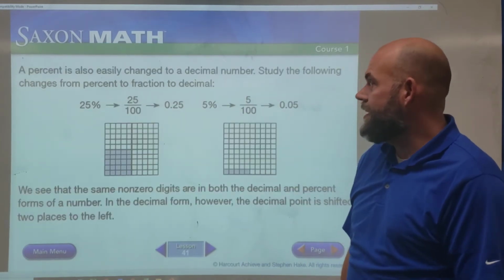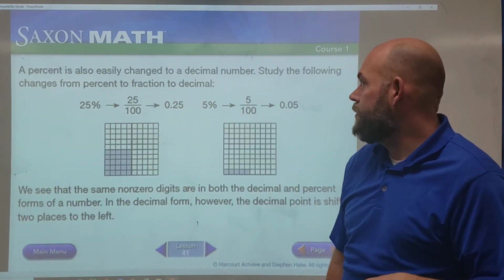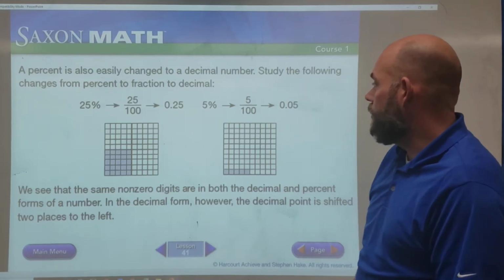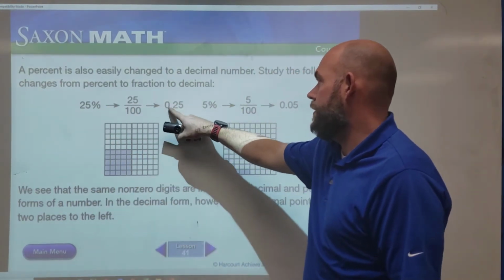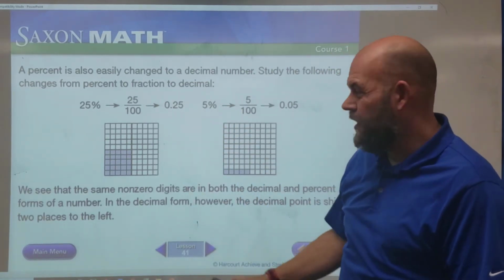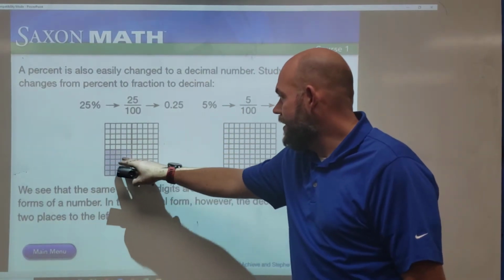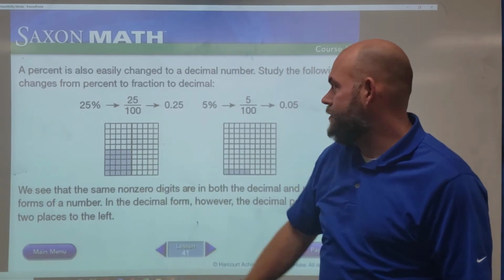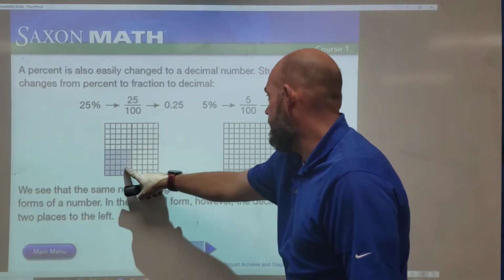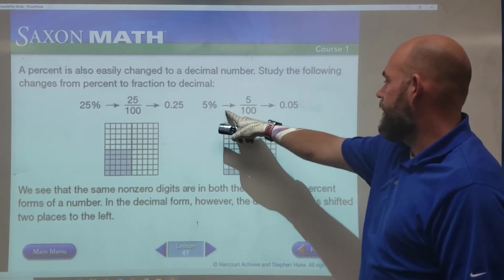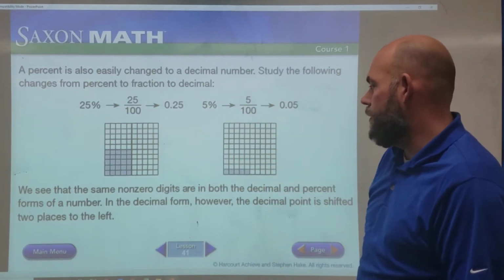All right, a percent is easily changed to a decimal number. So, like we just did, 25% can go to 25 over 100 and 0.25. We can see that on a graph by shading in 25 of the 100 boxes. So we can see that 25% or 1/4 looks like that. 5% would just be 5 over 100 and 0.05.